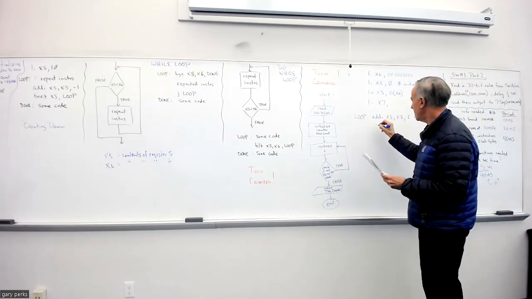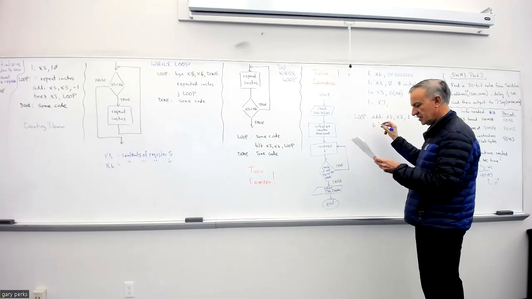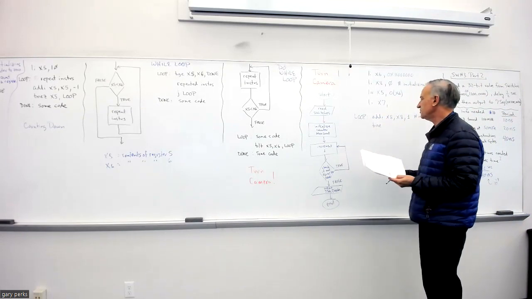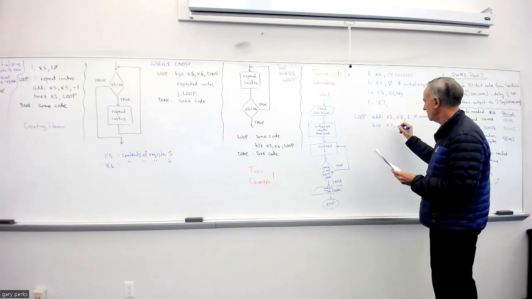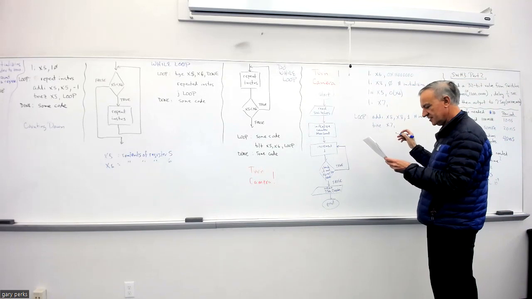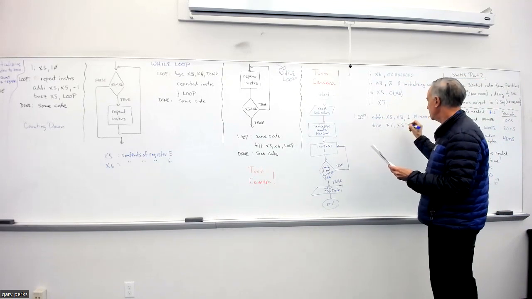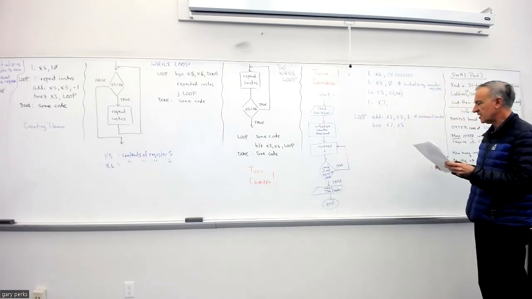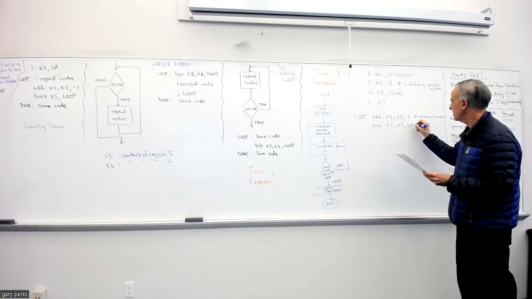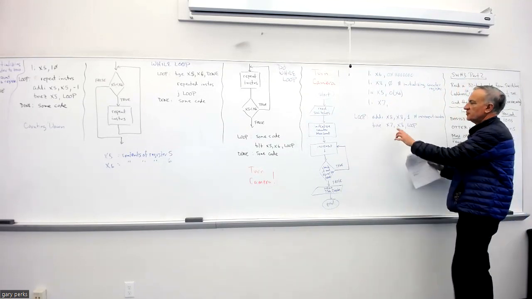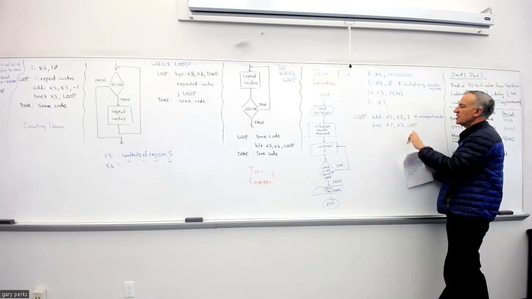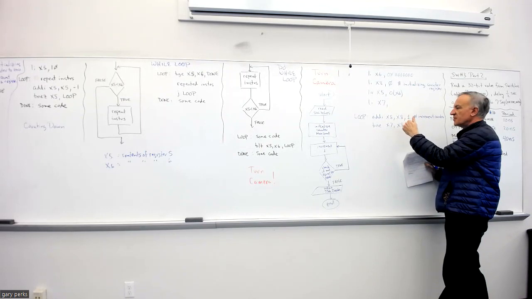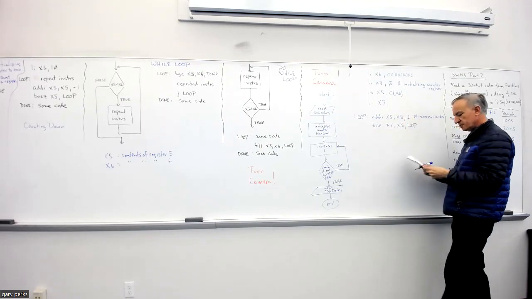Then after this add I, I'm going to do a check where I'm going to use a branch not equal to of this number that I haven't told you yet, and my new count value after I increment by 1. So if my counter is not equal to this number, I'm just going to keep looping, right? But once these two numbers become equal, I'm going to fall out of the loop.